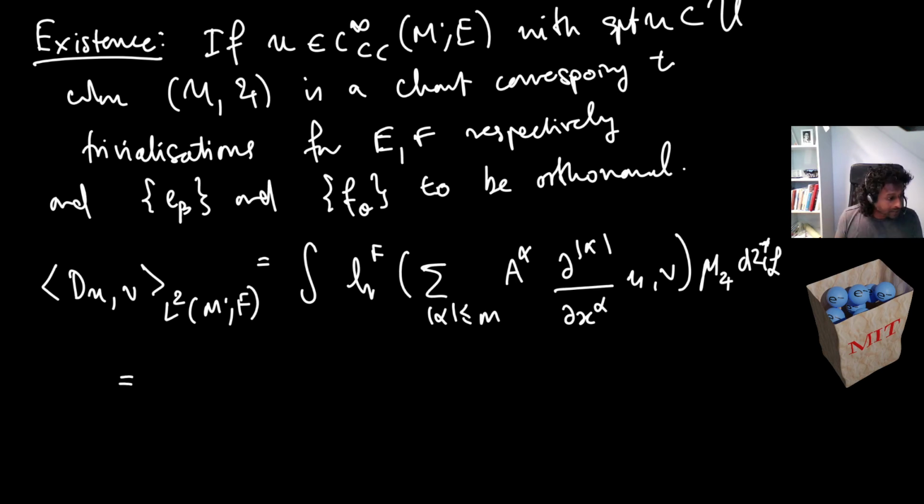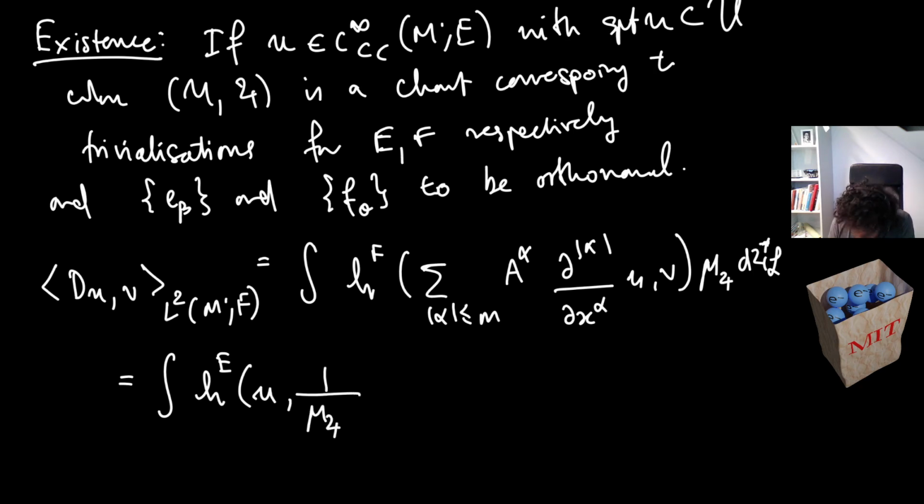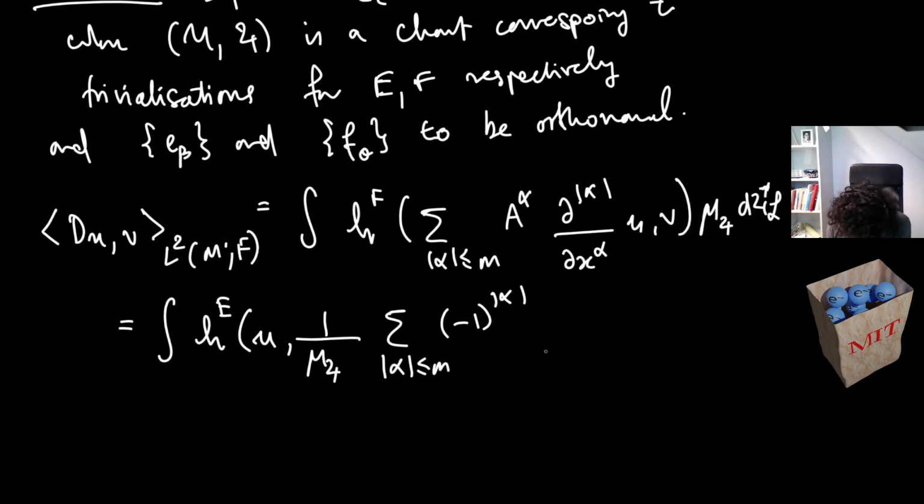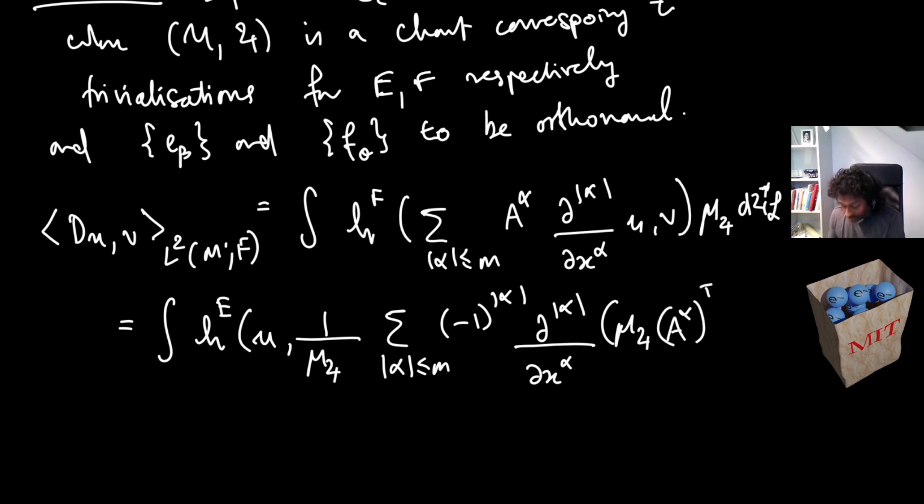So if we expand this out, what we get is H, E, U. Now we get 1 on this density, sum over α less than or equal to M, -1 to the α. So I'll leave it up to you to verify this. This is because this is just basically a calculation in R^n. Now we have to insert the density again here, and this is A_α transpose, and it's the transpose.